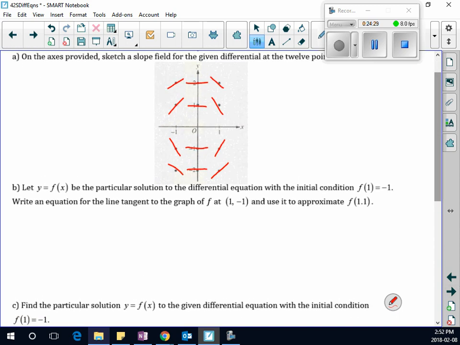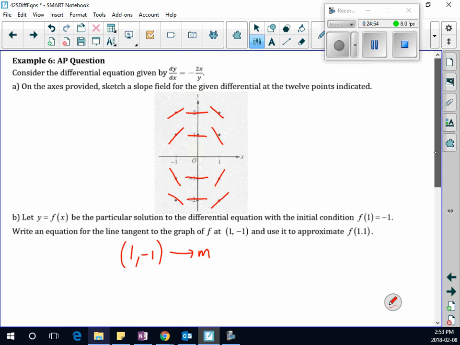Okay, so what are we going to do here? We have 1, negative 1. So what's the slope at 1, negative 1?